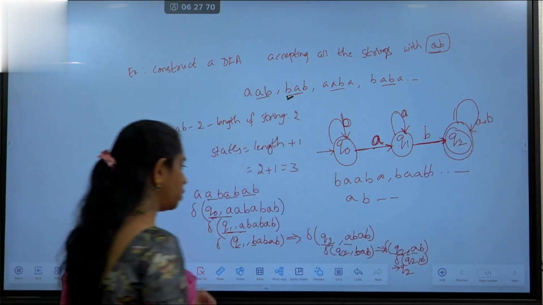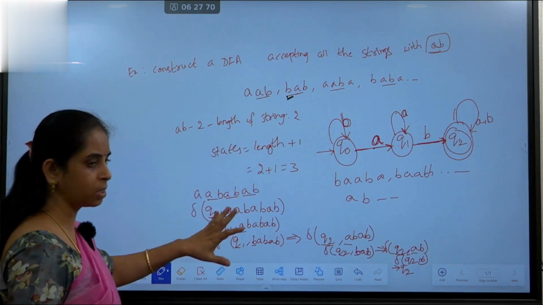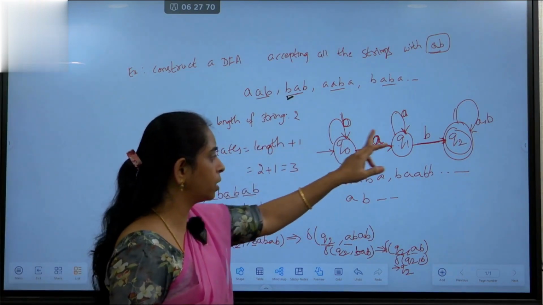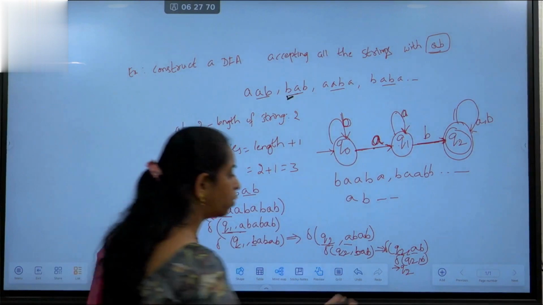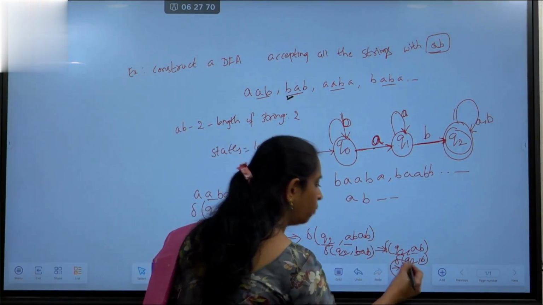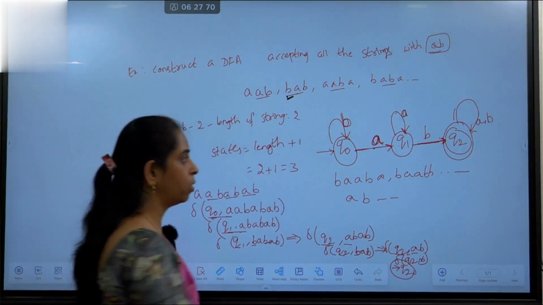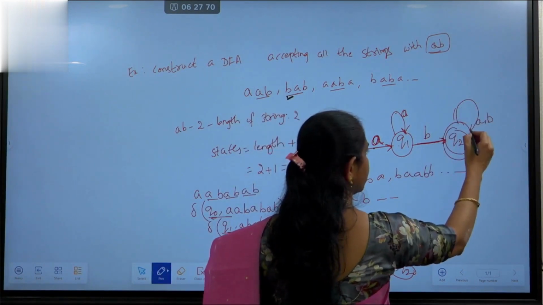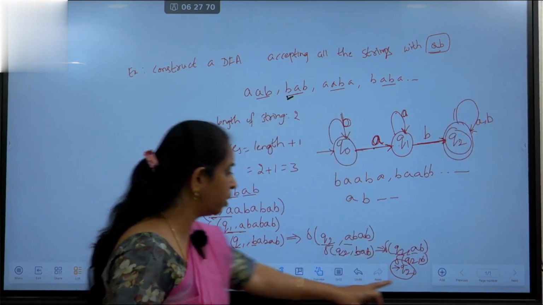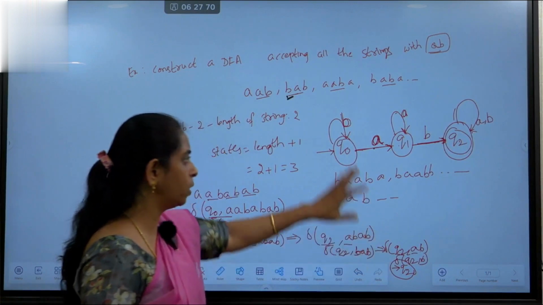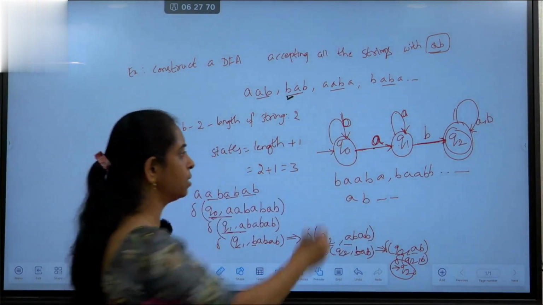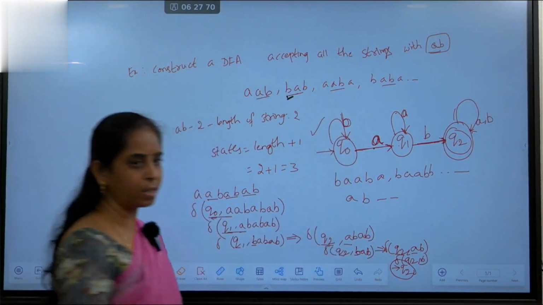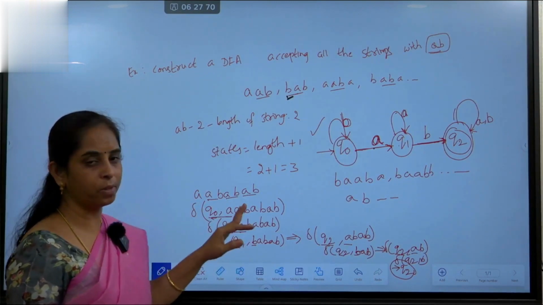Whenever we check the drawn DFA, we have to remember that we must reach the final state. As you are aware, Q2 is the final state here, so we have reached the final state. That means the DFA we have constructed is correct. Like that we have to check the construction of the DFA.